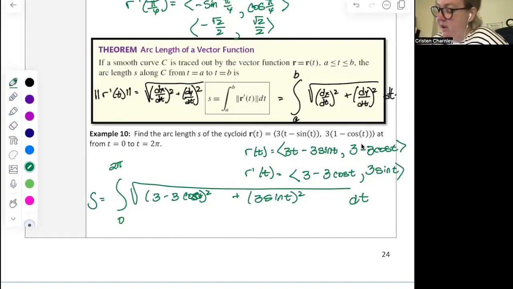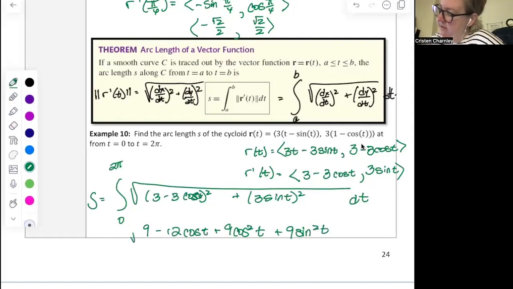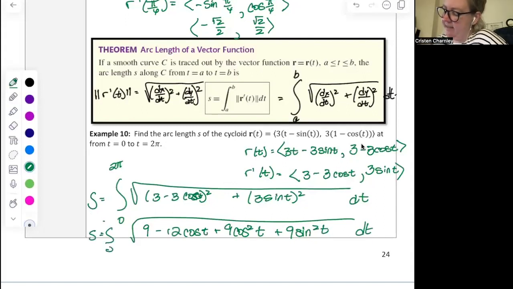If I multiply this out, I've got 9 minus 12 cosine t plus 9 cosine squared of t plus 9 sine squared of t. All of this is inside of the radical. And sometimes they set these up for good things to happen, and it looks like that's happening here. Because what's cosine squared plus sine squared? You would tell me that's 1.